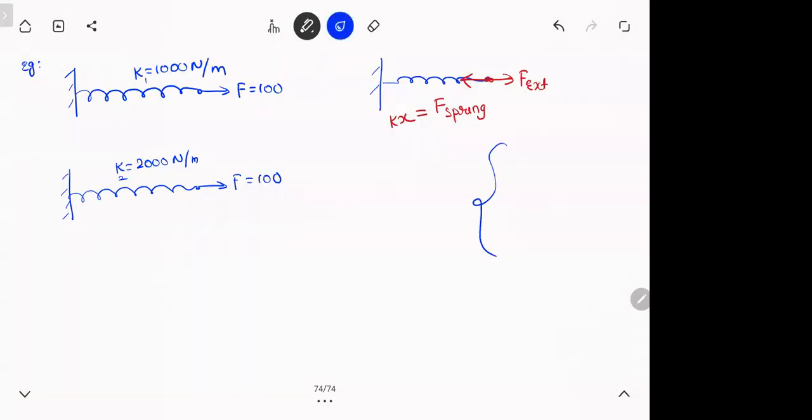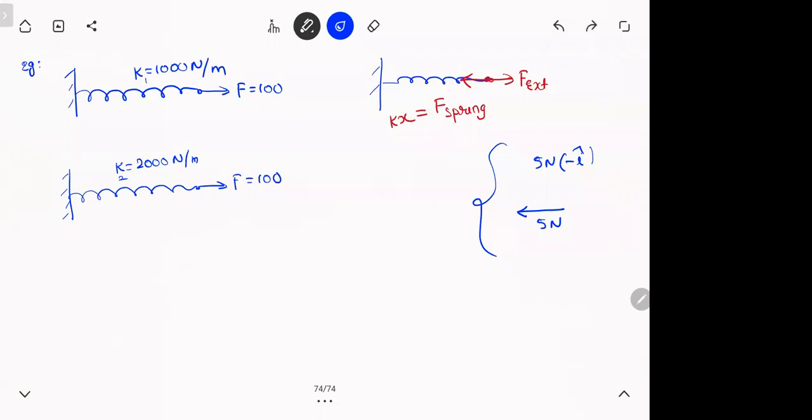If I say 5 Newton minus i cap, or if I write 5 Newtons with a left arrow, both are the same. Mathematically, 5 Newton minus i cap means it's on the left hand side, or I can say the arrow is to the left and the force magnitude is 5 Newtons. So the minus sign is telling you, if you pull me to the right side, I will pull you back to the left side with the force Kx. That's what the minus sign represents. So when you show it on a diagram, don't write minus again. The minus is taken care of.